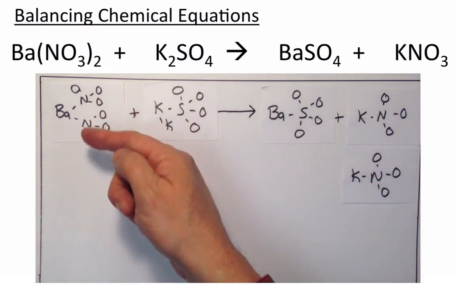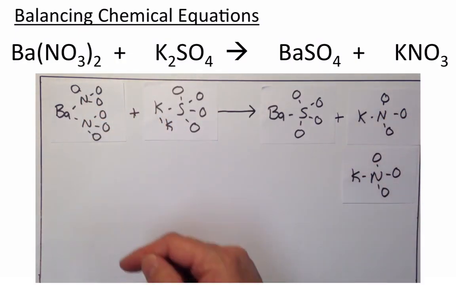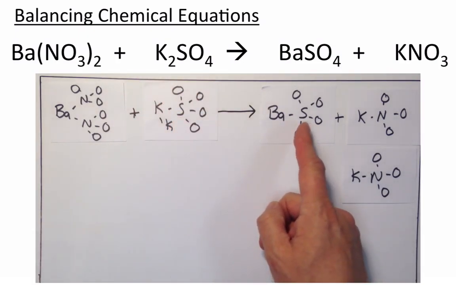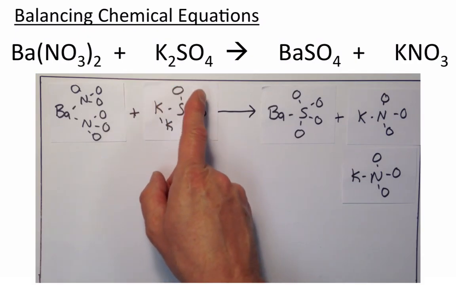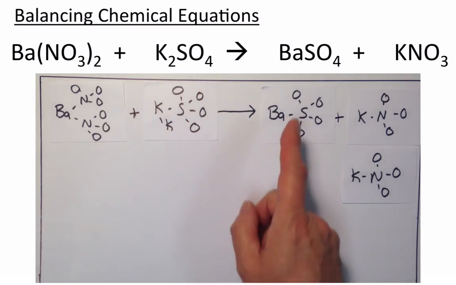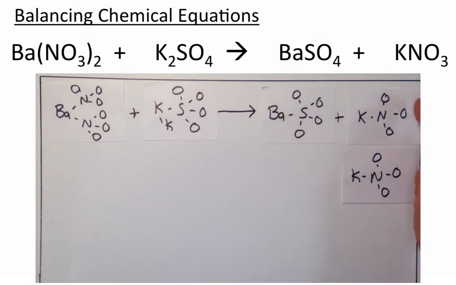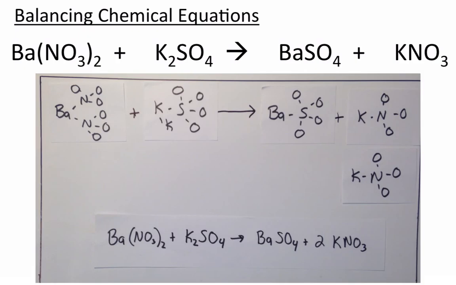I have 2 nitrates, 1 sulfur, 1 sulfur, 10 oxygens, 10 oxygens. It is now balanced, and my formula is barium nitrate, BaNO3 plus K2SO4 yields BaSO4 plus 2 KNO3s.